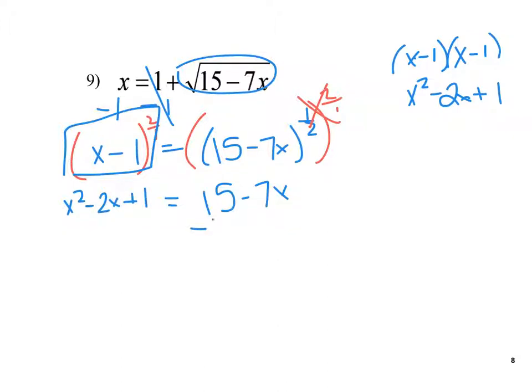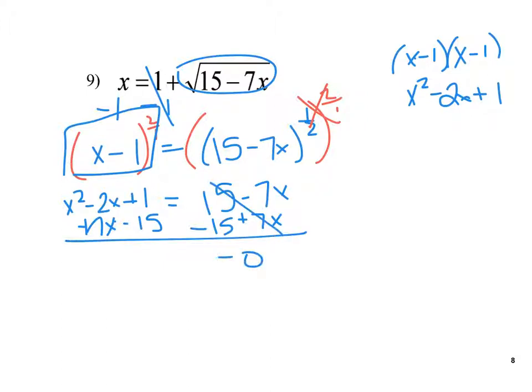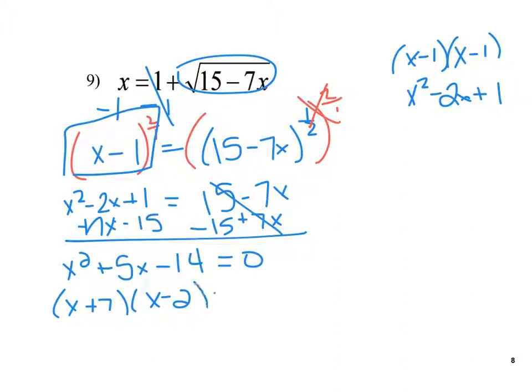So when we have a quadratic, we must set it equal to 0, unless it's just x squared all by itself. So I get x squared plus 5x minus 14. Solve this guy. So I get x equals negative 7 and x equals 2.